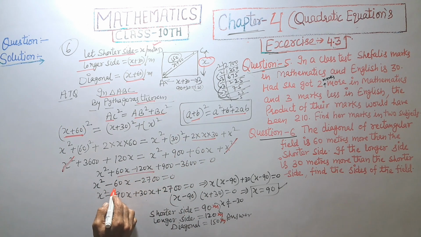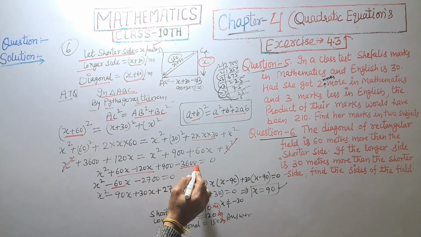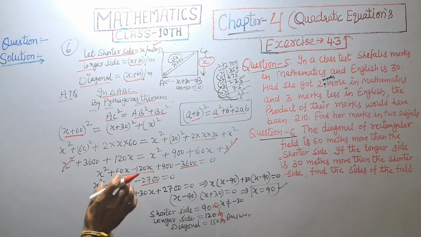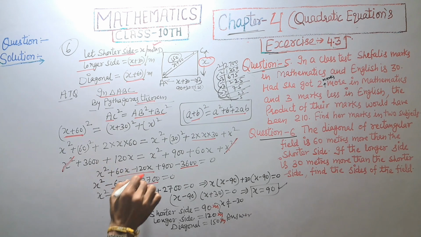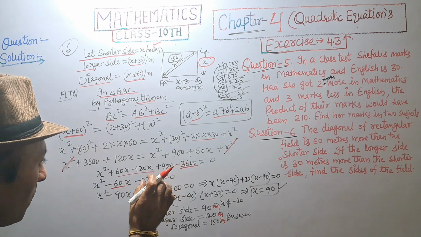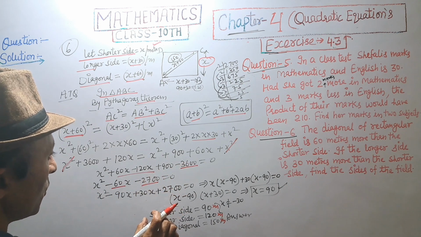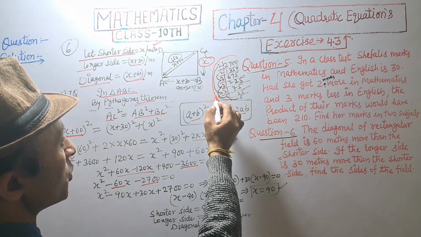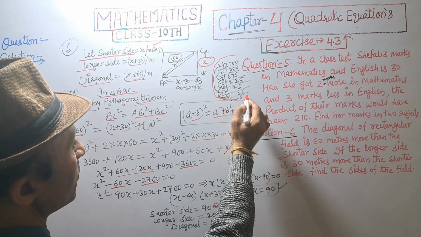120x minus 60x is equal to 60x. 3600 minus 900 is equal to 2700, equal to 0. It's a quadratic equation, splitting by the middle term. First, the product of first and last is equal to 2700 x square, and we want the prime factorization of 2700, that is 2 into 2 into 3 into 3 into 3 into 5 into 5.